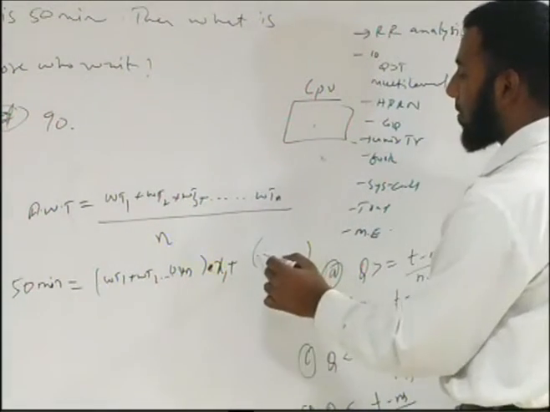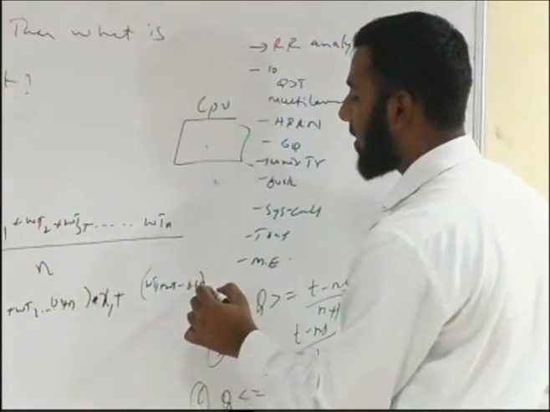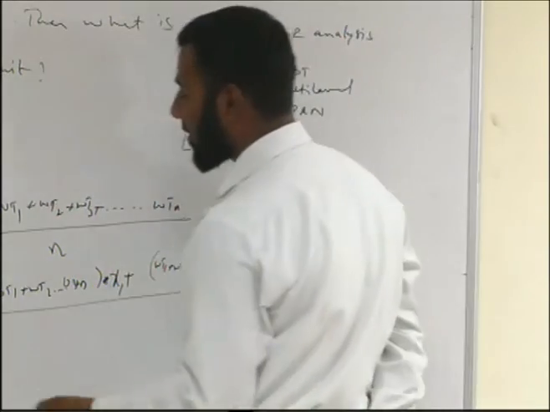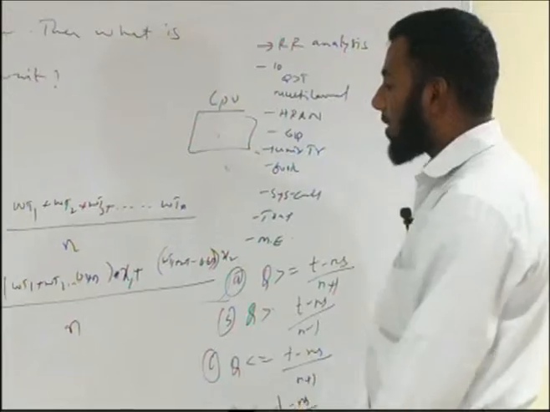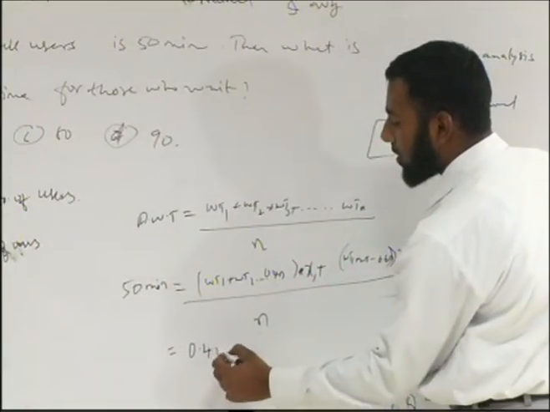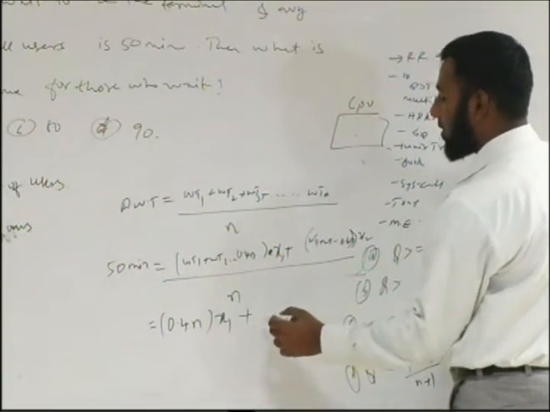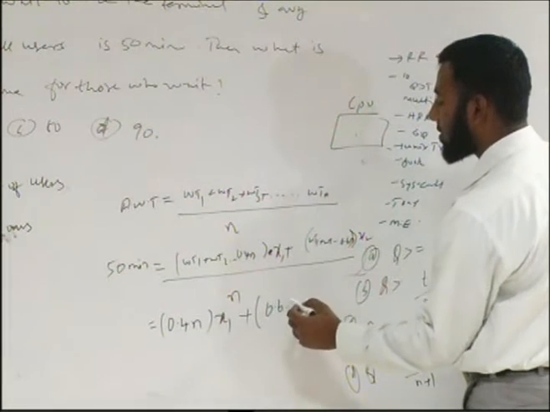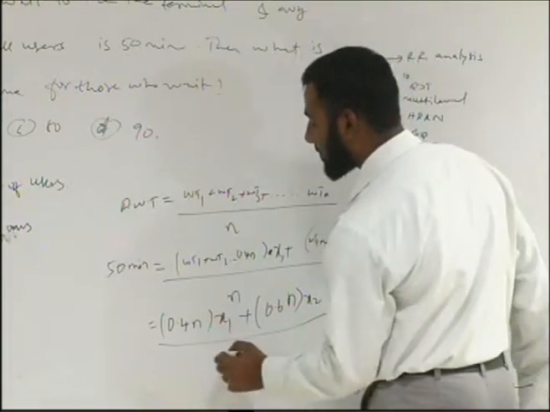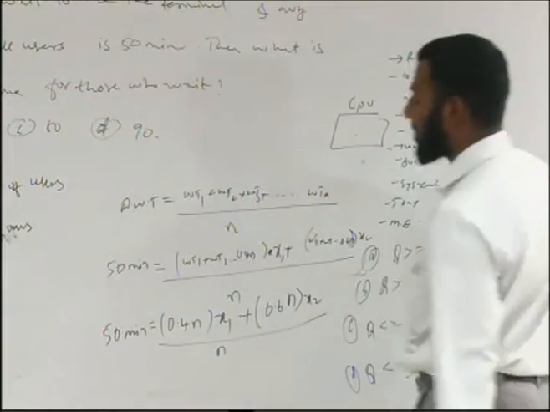Plus, the remaining processes, waiting time 1, waiting time 2 up to 0.6 n, have to wait for x2 amount of time, divided by n. So 40% of the processes are waiting x1 units of time, and the remaining 60% of the processes are waiting x2 amount of time. And the average of them is 50 minutes.